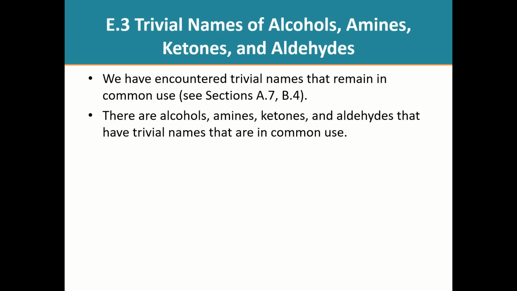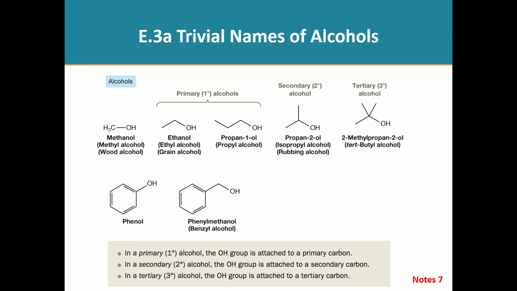Okay, we've encountered trivial names for a lot of molecules in chapters A7 and B4, sorry. And ketones and aldehydes, amines and alcohols also have common names. You don't need to memorize these, but you should be aware of them. Like when you talk about isopropyl alcohol or rubbing alcohol, what is its IUPAC name?